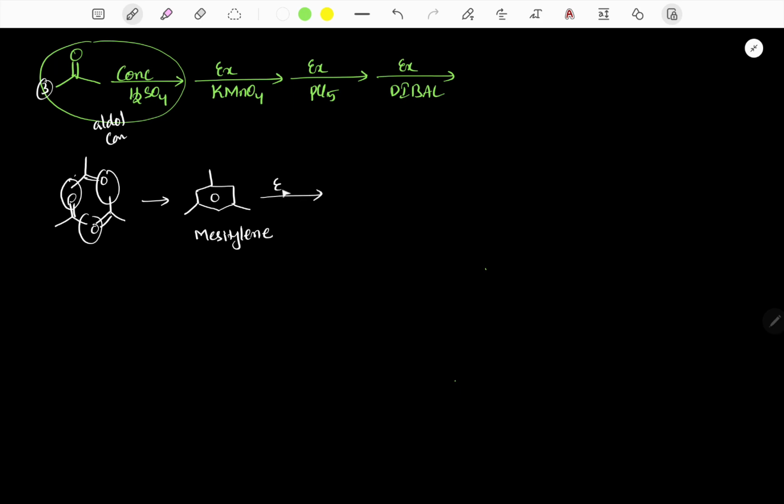Now it is treated with excess of KMnO4, and KMnO4 is a strong oxidizing agent.